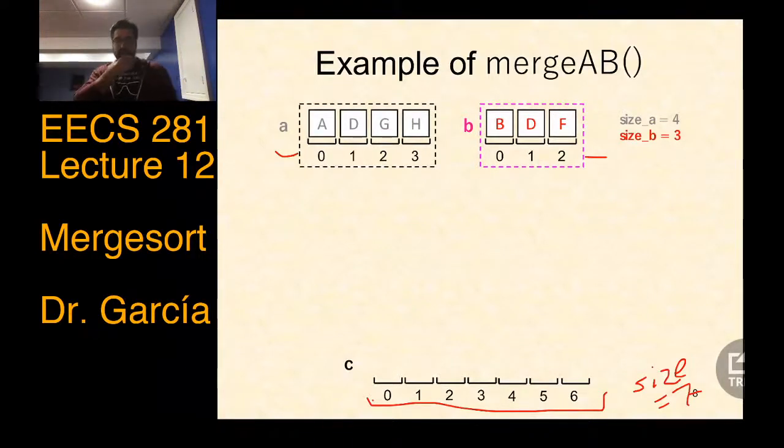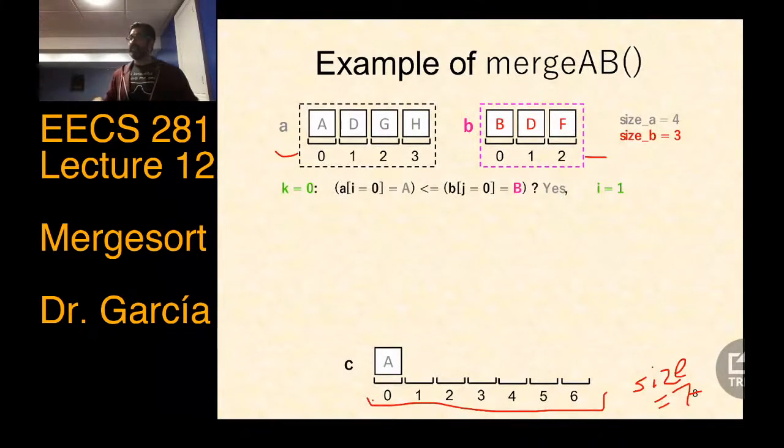And so what we're going to do now is go over each iteration of that for loop with this specific example. First, all my indices, which are K, I, and J, start at 0, if you recall from the for loop statement that we saw in the previous slide.